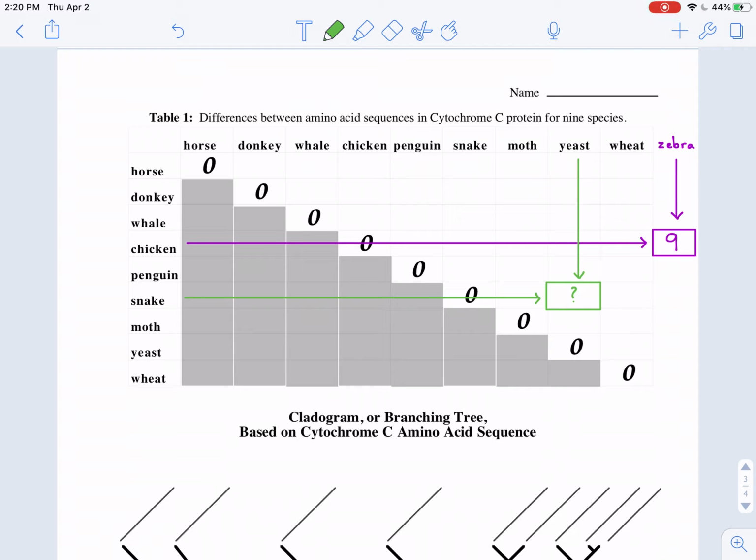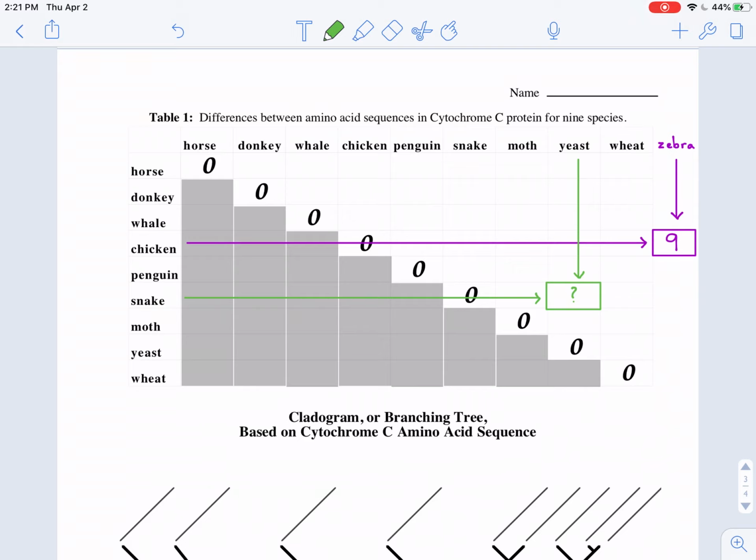So what I showed you above was comparing the zebra to the chicken/turkey. Now I wanted to count one out for you that was not part of your table, so I added the zebra as an extra column off there to the right. And when I went through those rows and counted the differences, I counted a total of 9 differences. So that's why I put number 9 in the box where chicken and zebra meet in this table.